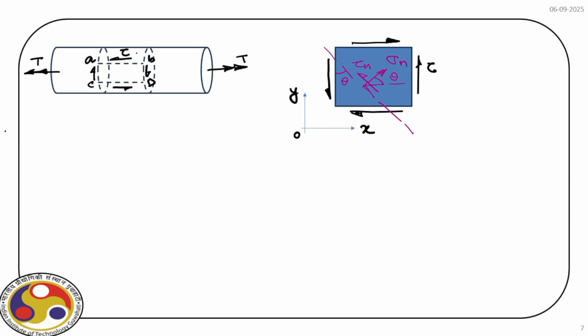For that again, if you recall what we do, we draw the free body diagram of this segment, and then we apply equilibrium, right? Let us quickly solve this problem.